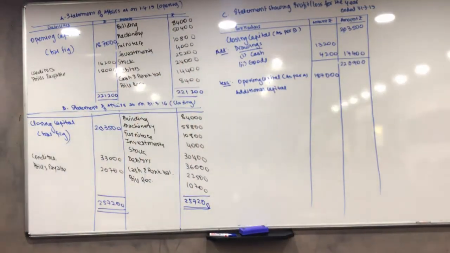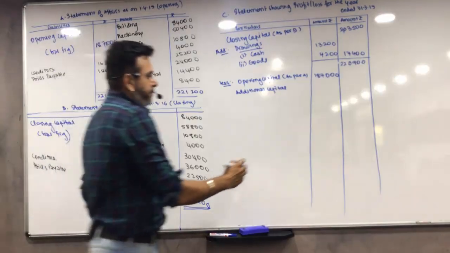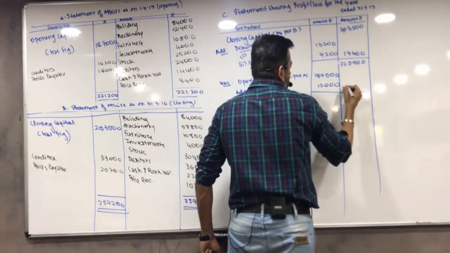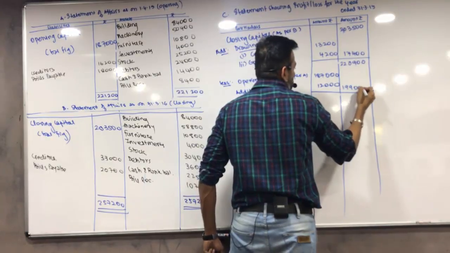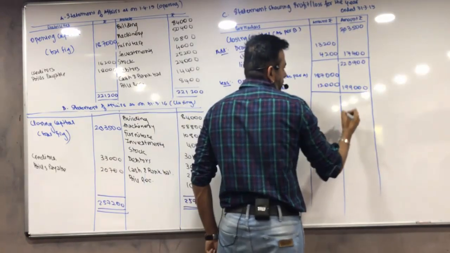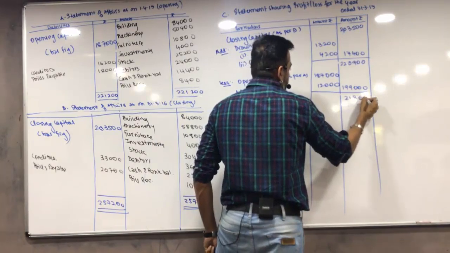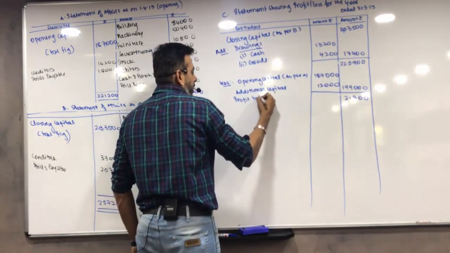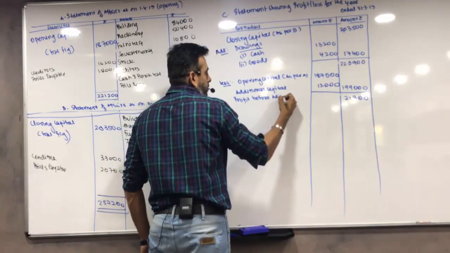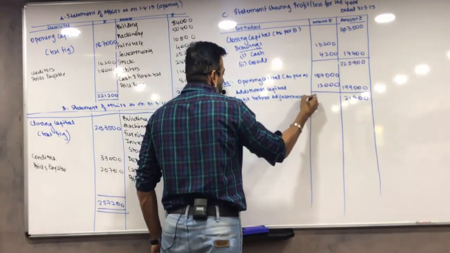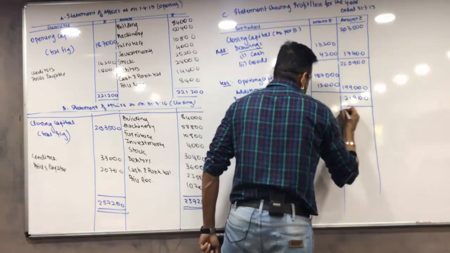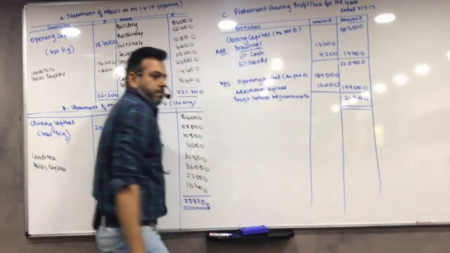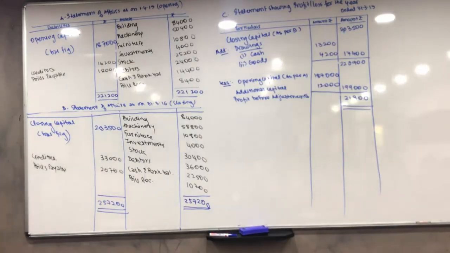What's the additional capital? 12,000. So 1,99,000. Less this, 21,900 is profit before adjustments. Now here there are no adjustments, so this is our final answer. This is how we derive the profit.